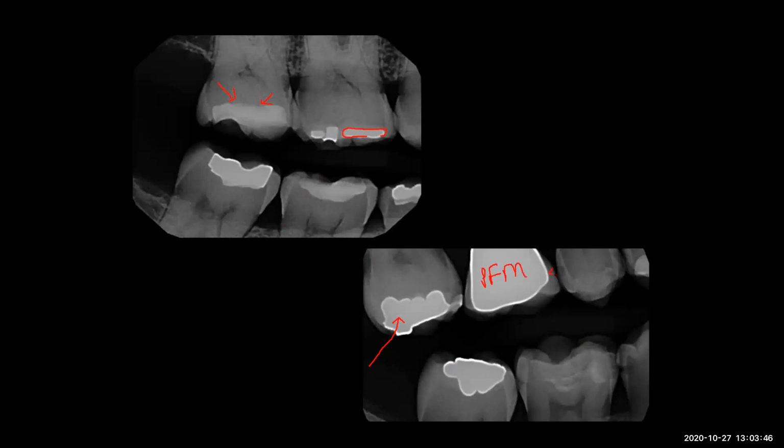This is the porcelain here with the metal inside. You can see more composite. This looks like decay, but we don't know. We have to take a look inside the mouth to see if this is a restoration here and it's a liner, because some dental restorations you can't see.